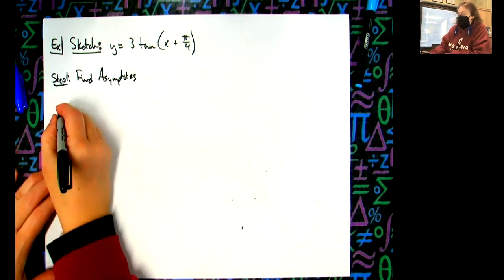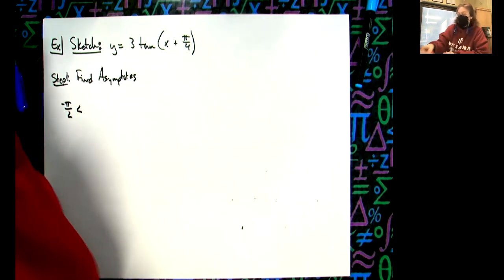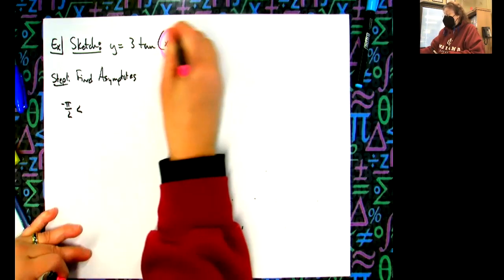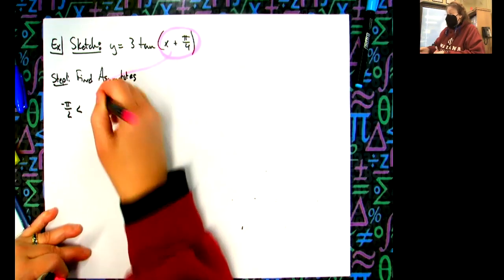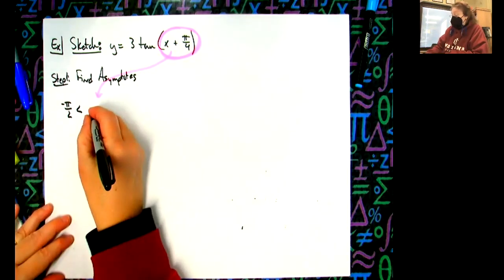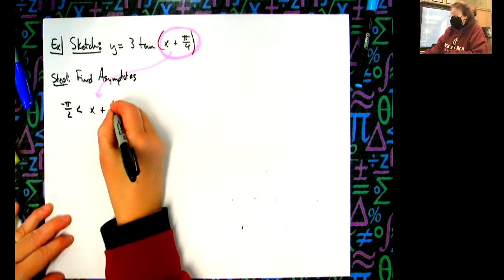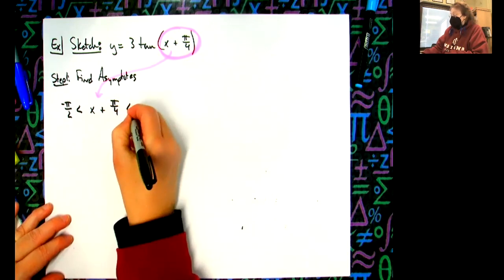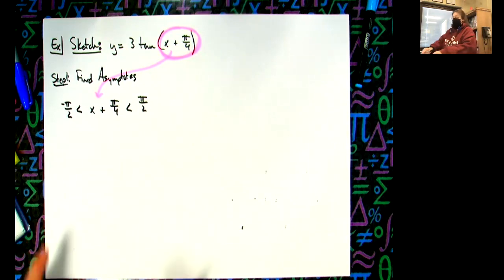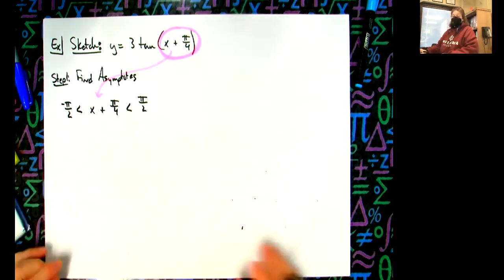That's how you build your compound inequality. Negative pi over 2 is less than, I take all of this and put that in the center of my compound inequality, so then I'm going to have x plus pi over 4 is less than pi over 2. These two values always stay the same for tangent.